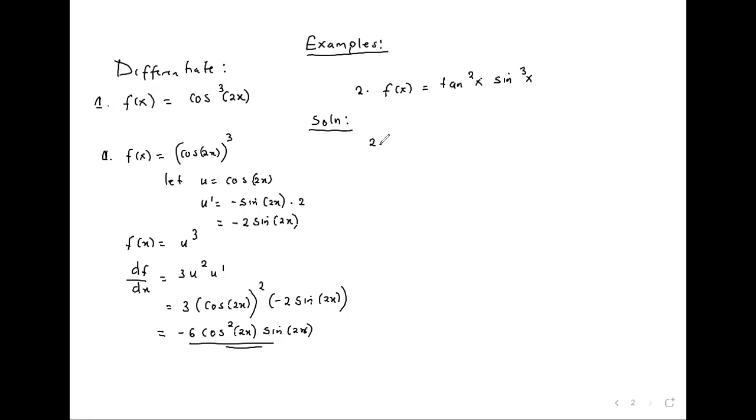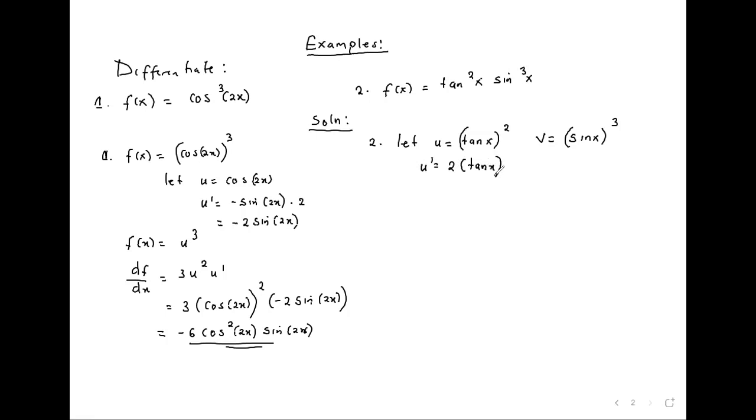Product rule. So let u be tan x squared, let v be sin x power 3. So to get the derivative of u, you first drop the power, keep the inside from chain rule.